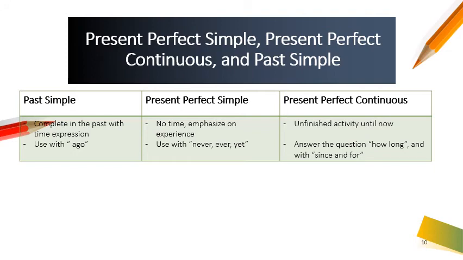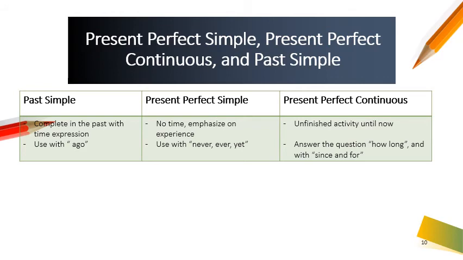But present perfect simple also expresses an activity that happened in the past, but you don't put the exact time that it happened. You just want to emphasize the activity only. You want to show your experience only. And normally, we can use it with the words never, ever, or yet.